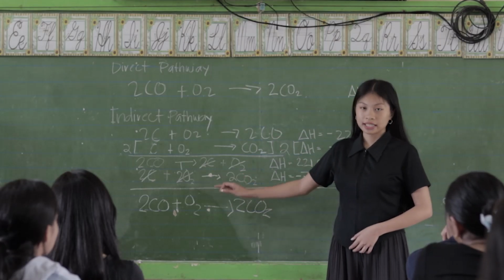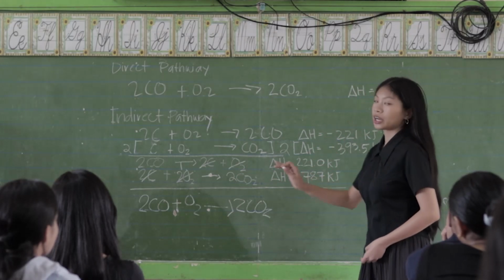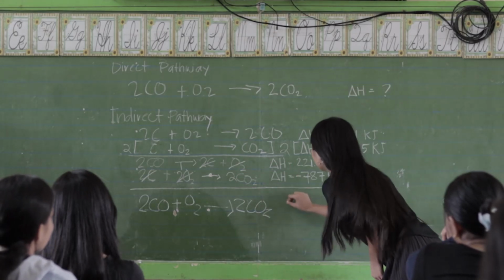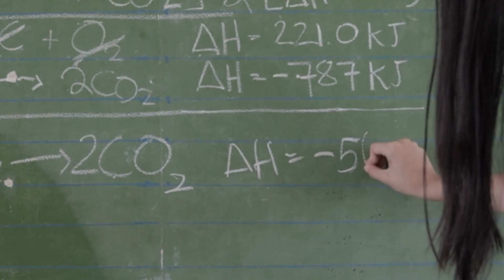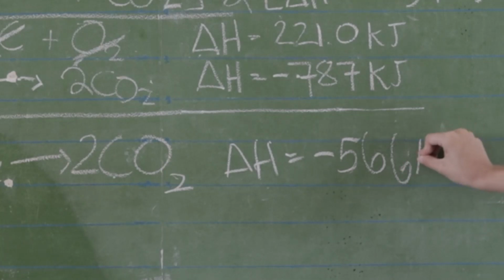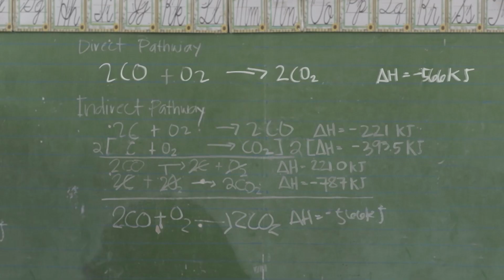After getting the final equation, we must sum up the 2 enthalpy changes of the indirect pathway, which will be negative 566 kJ. Therefore, the total enthalpy change of this reaction is negative 566 kJ.